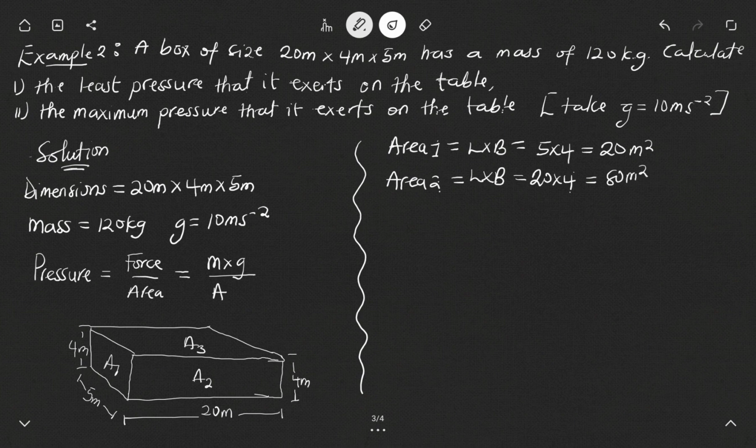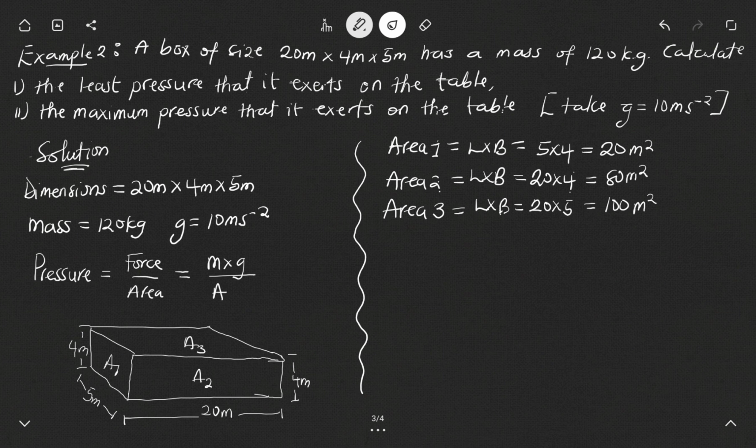Now area 3, the one at the top. This is equal to length times breadth as usual. The length for area 3 is also the 20 over here, but the breadth is this component over here, and that is 5. So we have 20 multiplied by 5, which is equal to 100 meters squared.